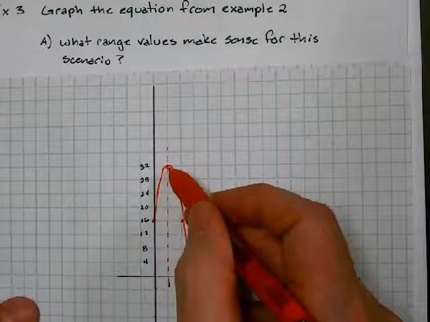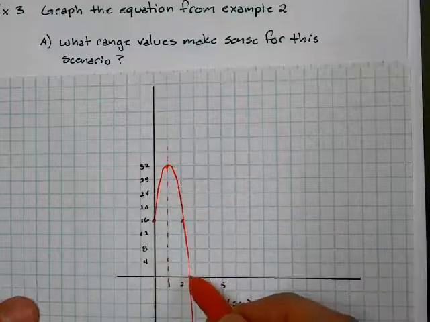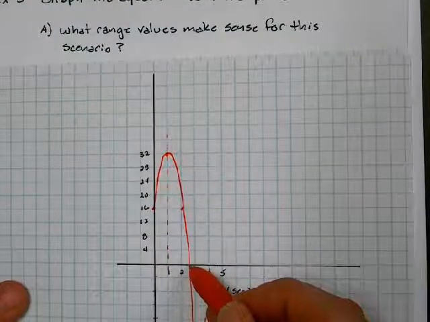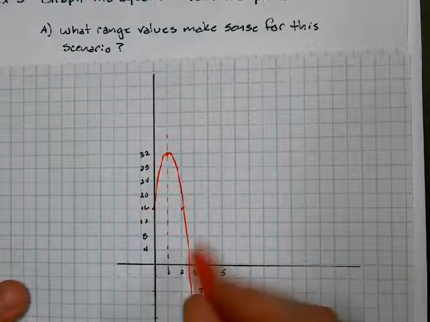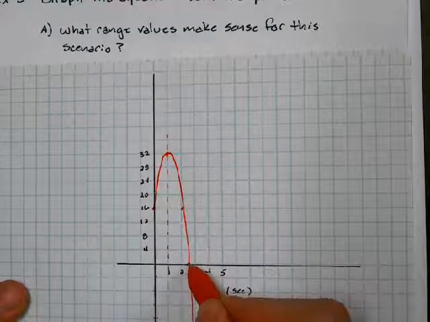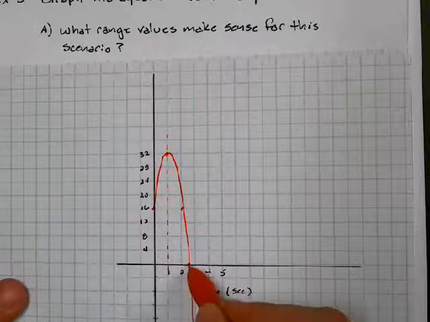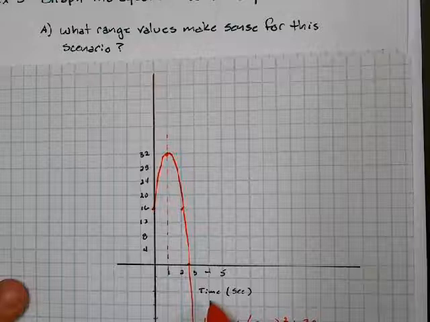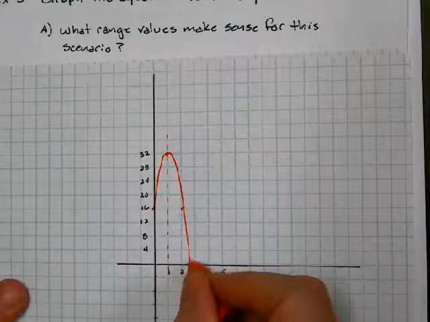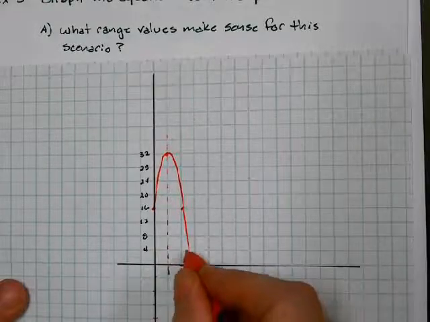But according to this graph, it hits the ground here, and then this graph says, oh, it goes through the Earth's crust and keeps on going. That probably doesn't happen. It should probably stop right here somewhere, right? The plane should hit the ground and then just stop.